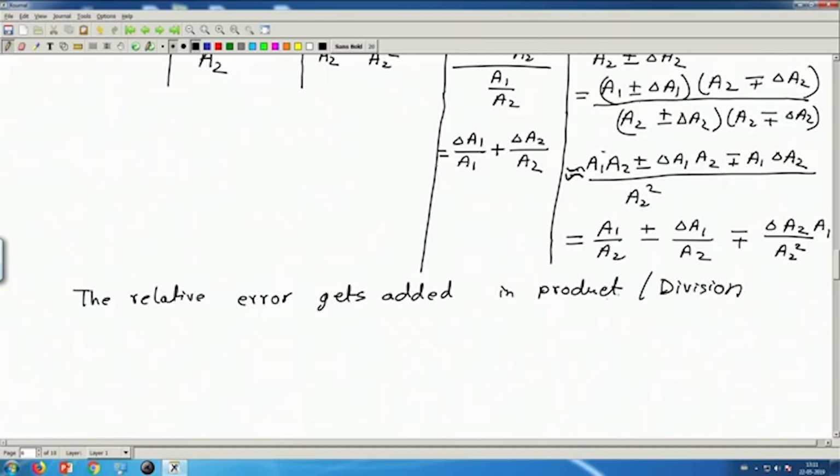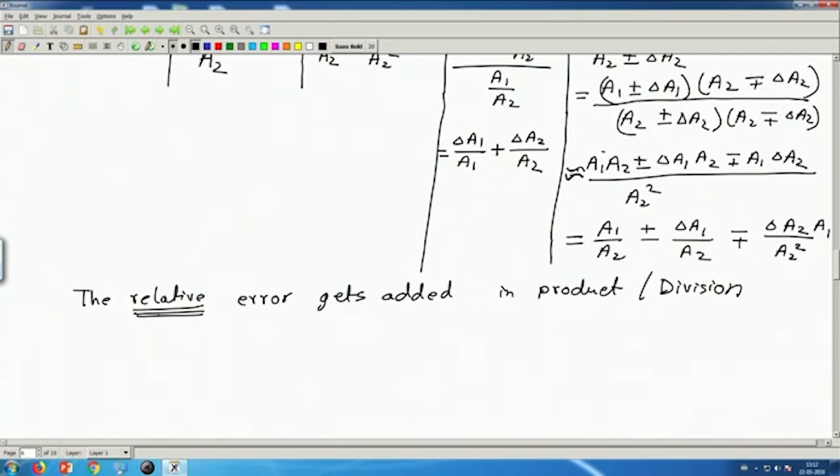Okay, so it's added for both product and division. Never think that it's subtracted. It's added by magnitude. But it's true only for the relative error. It is not true for the absolute error.